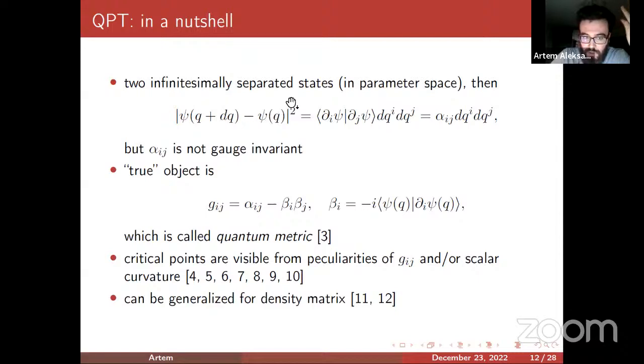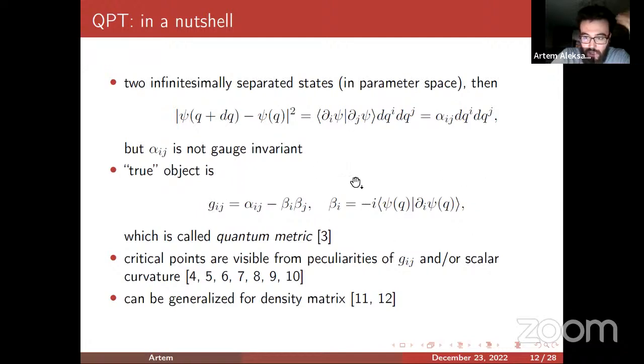The first thing we should do is to consider two infinitesimally separated states in parameter space. Psi is a wave function and q is the set of parameters, and we can construct the following object. However, the object alpha is not gauge invariant.